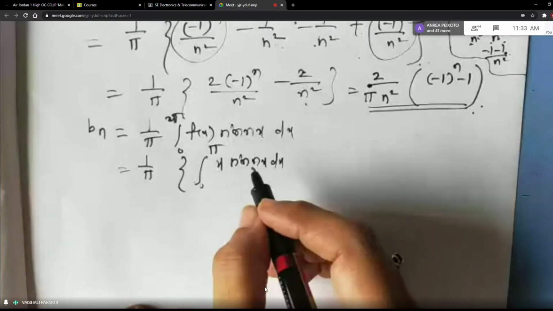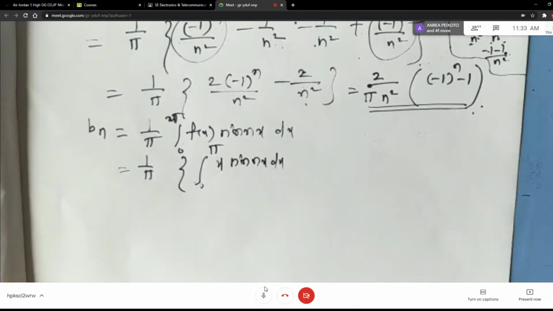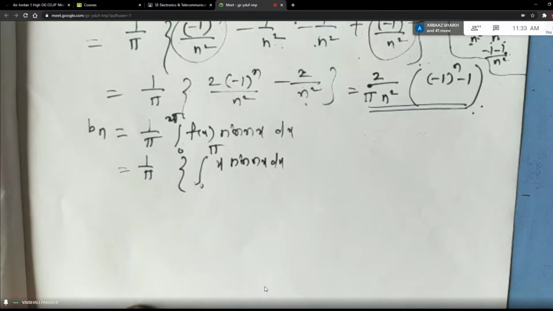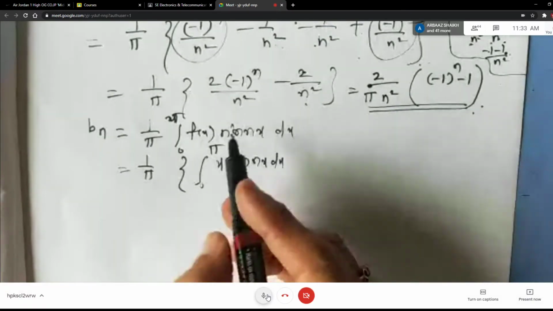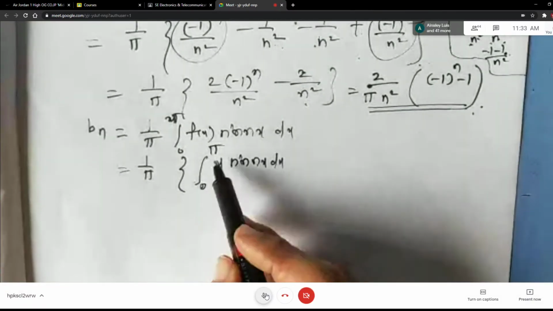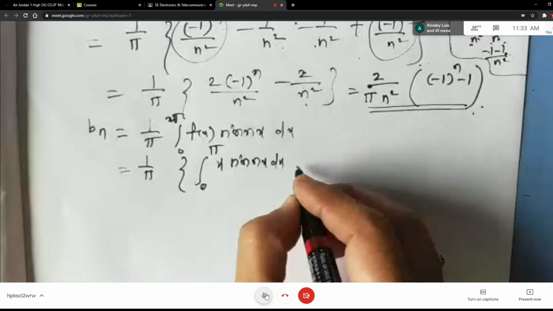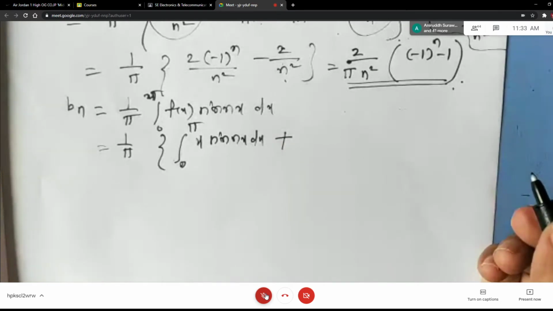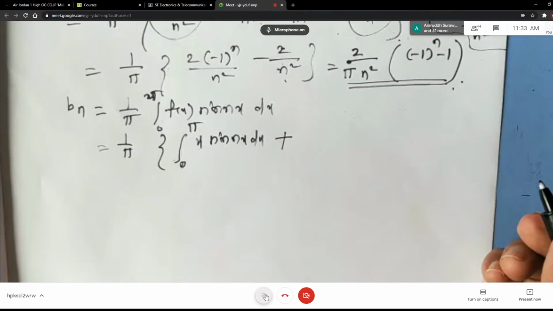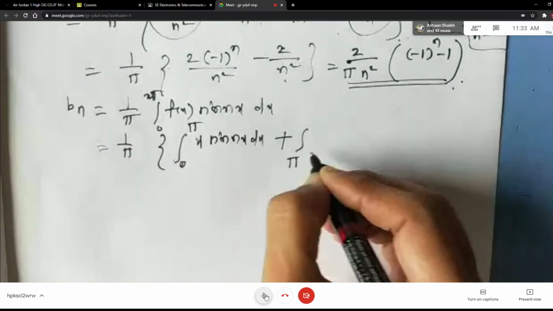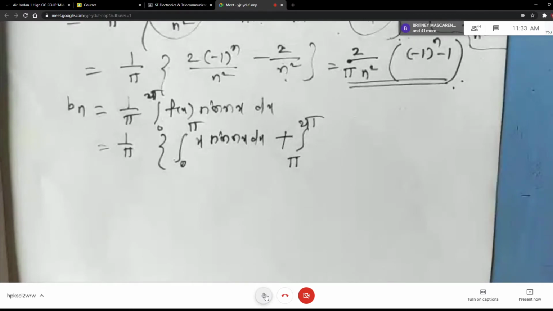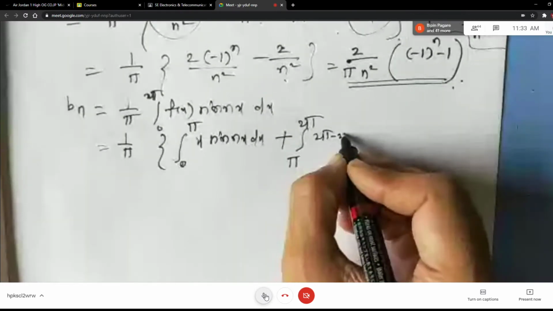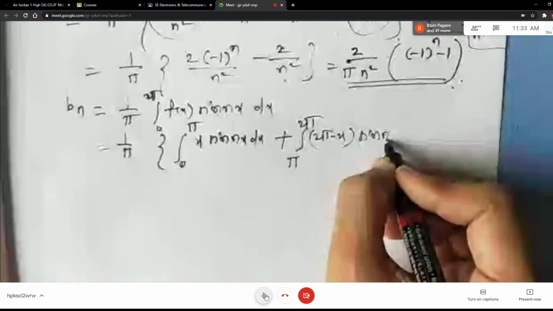It is x. So it is integral 0 to pi x sine nx dx plus the second integral, and what is f of x? 2 pi minus x sine nx dx. Okay, very good.